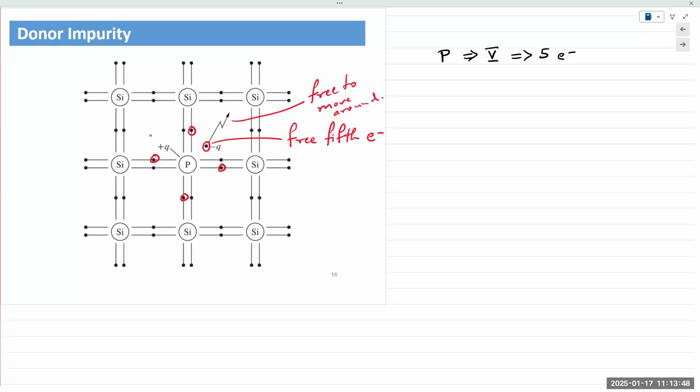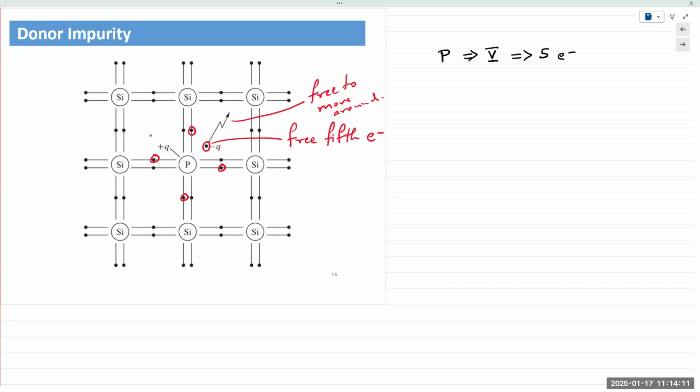Then minus Q obviously represents the charge that is carried by that electron. Unlike an intrinsically generated electron, this free electron is not balanced by a hole.